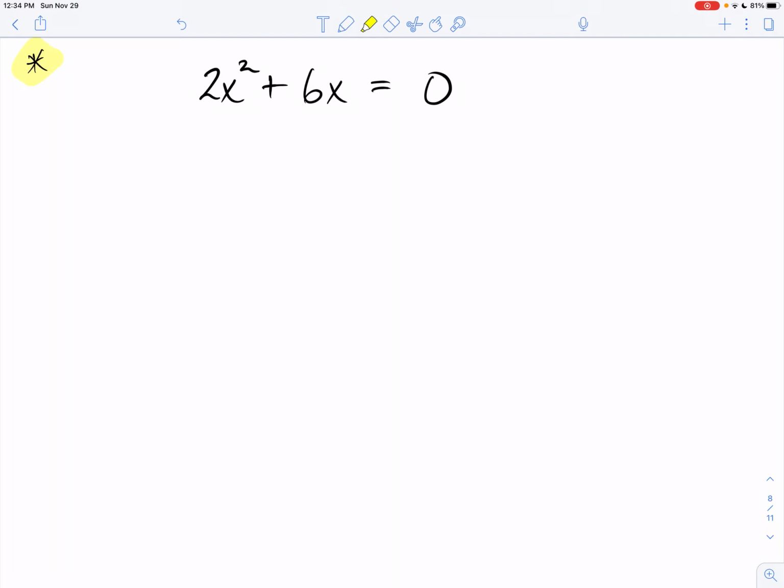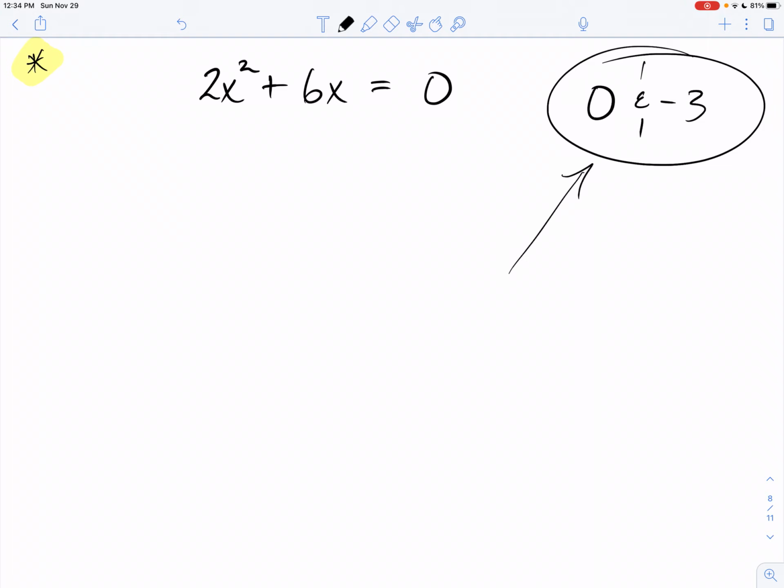The answer for this equation, if I solved it, would be 0 and negative 3. Those are my two answers to that equation. Now, here's my challenge to you. Could you do it that fast using the quadratic formula? I don't think so. I know there's a faster way to do this. But if you work it out, you'll see that that's what you would get.